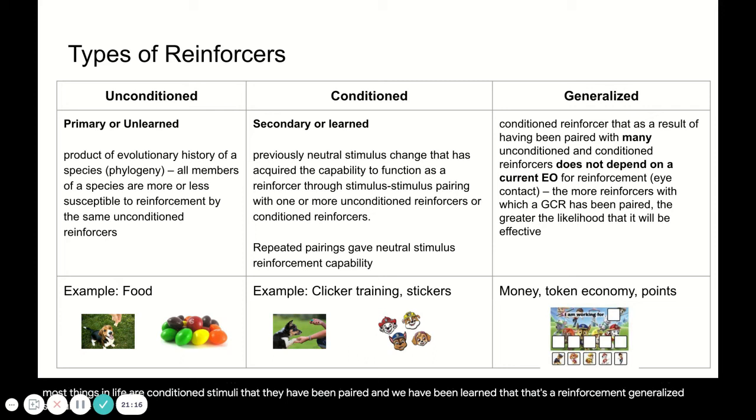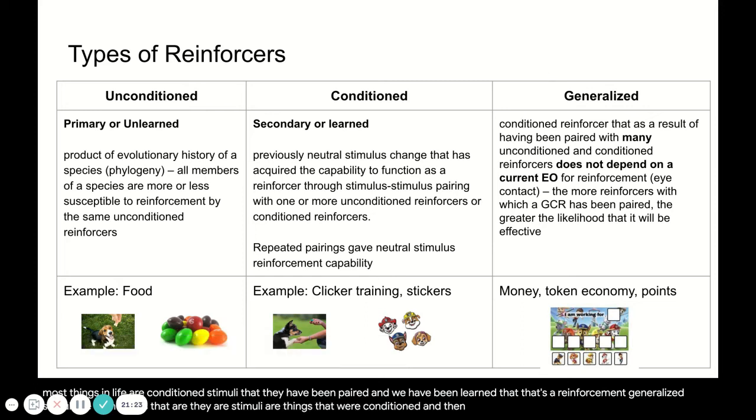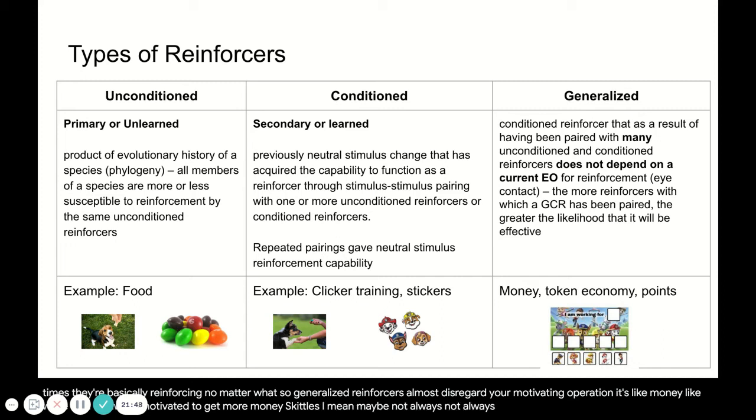Generalized reinforcers are things that were conditioned, and as a result of having been paired many, many times, they're basically reinforcing no matter what. They almost disregard your motivating operation. It's like money: we're kind of always motivated to get more money. Skittles, I mean, maybe not always. We're not always motivated to get more Skittles.